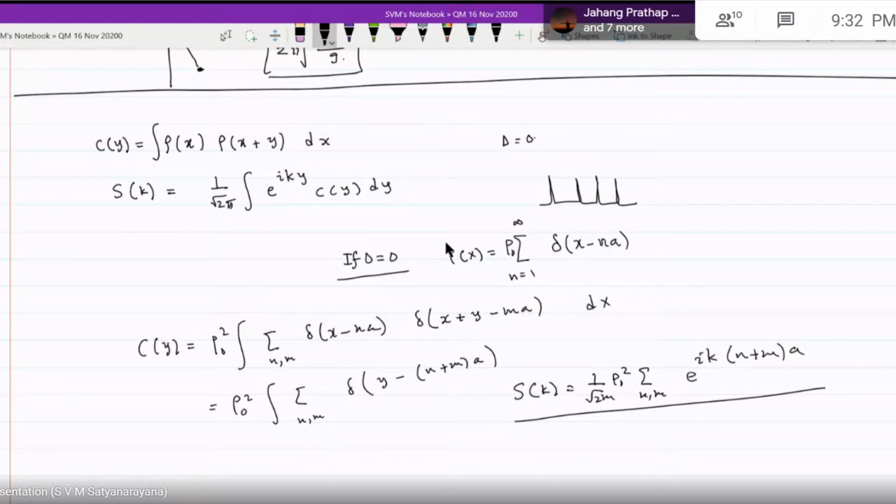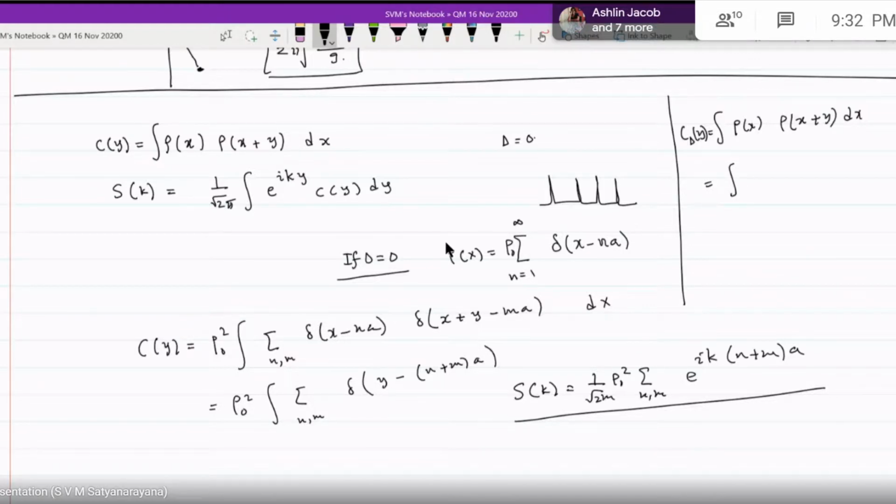On the other hand, if you have a real rho of x into rho of x plus y, dx. So let's say the C delta of y, where rho of x is 1 by delta.